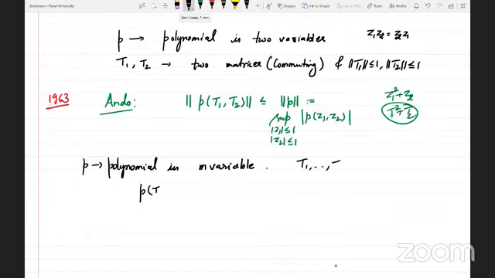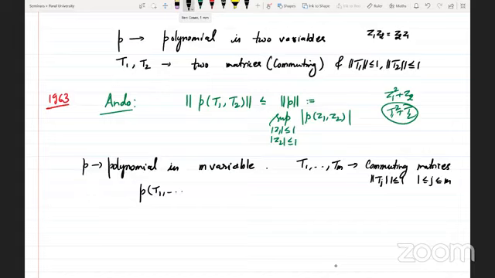So you will have to have m commuting matrices, T_j, with norm of T_j less than or equal to 1.